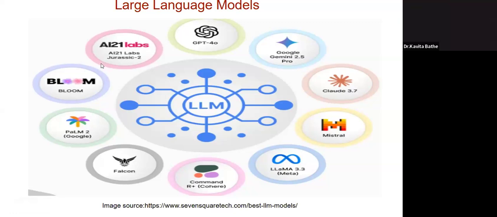These are some of the large language models that are available. We can build applications using these models, directly use the tools already developed through them, or even fine-tune and create our own.